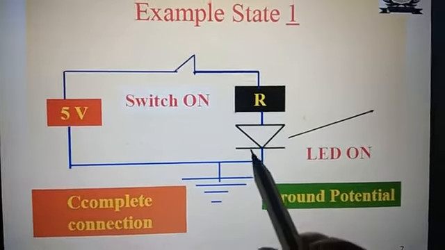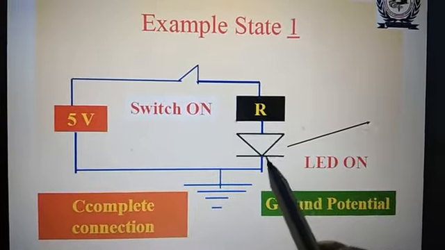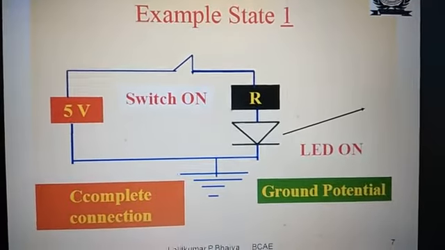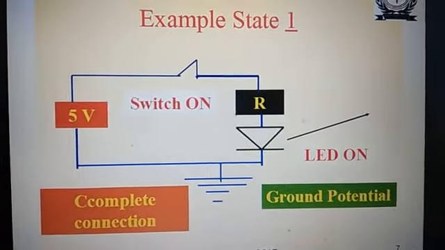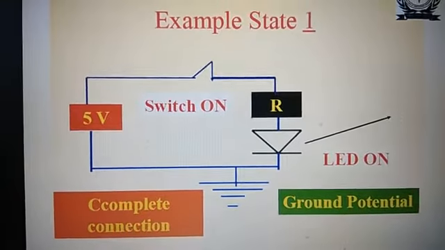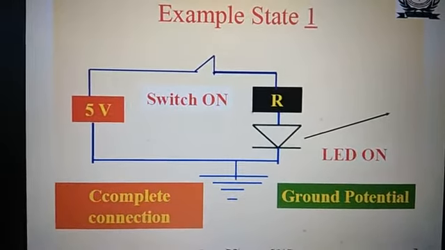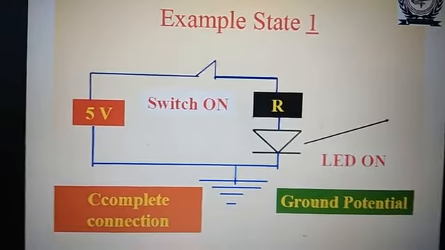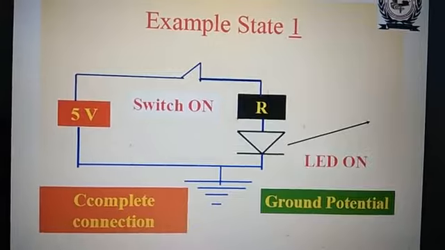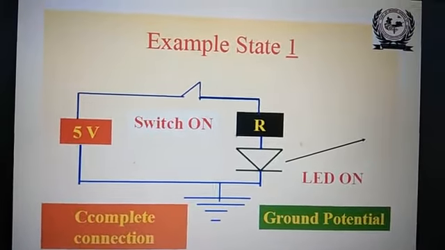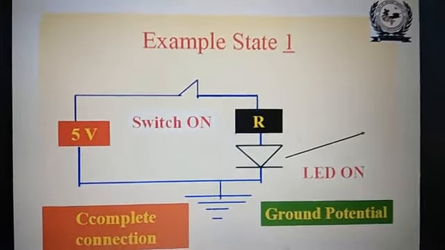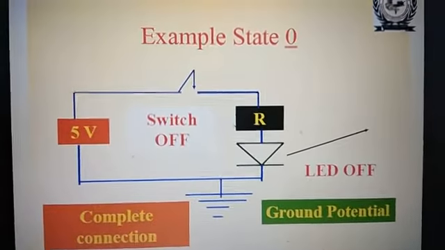When this LED is on, it states that it is at one state, high logic or logic 1. So this is called state 1, logic 1. Here the 5-volt supply will glow the LED after connecting the closed switch. Then this is called logic 1 or high state.